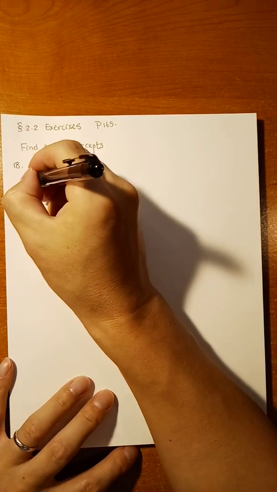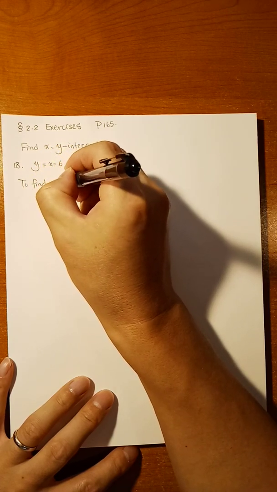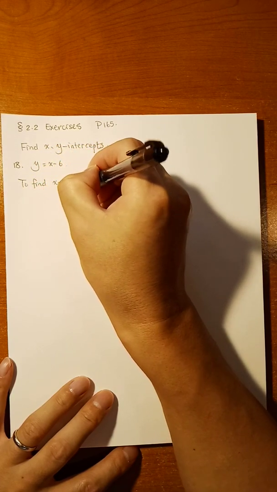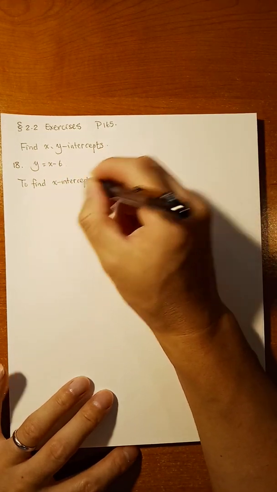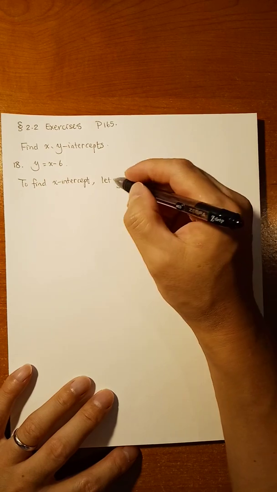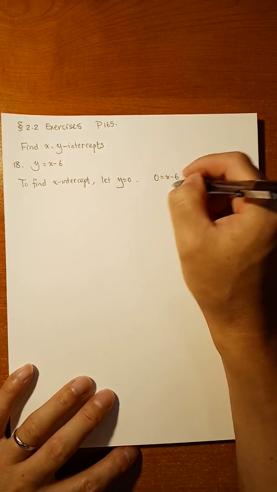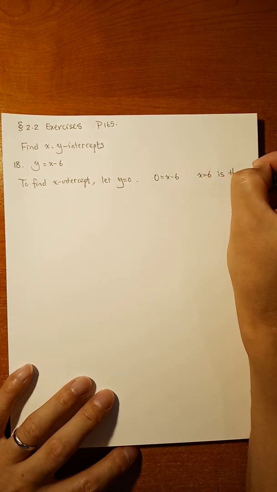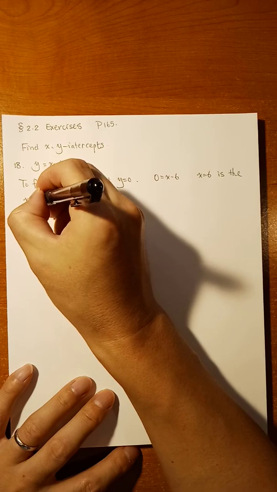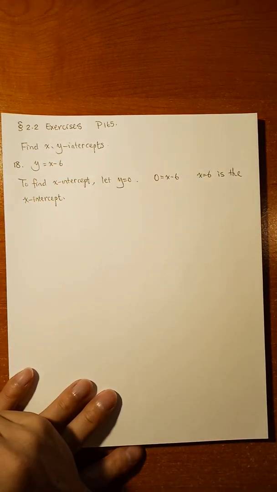Okay, so to find the x-intercept, let y be 0. So you get 0 equal to x minus 6. You solve for x, you get x equal to 6. It is the x-intercept.